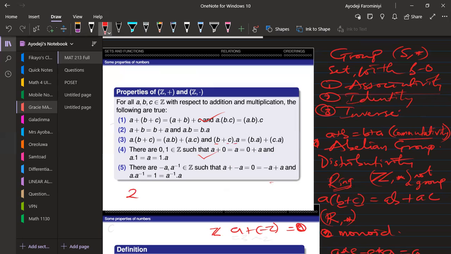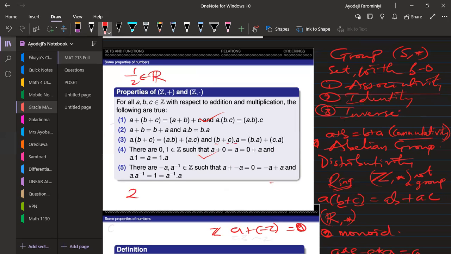Is it a real number? No. 1/2 is not real. If 1/2 is not real, what is real? Rational number.